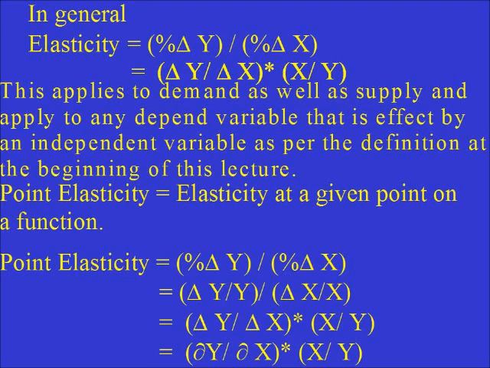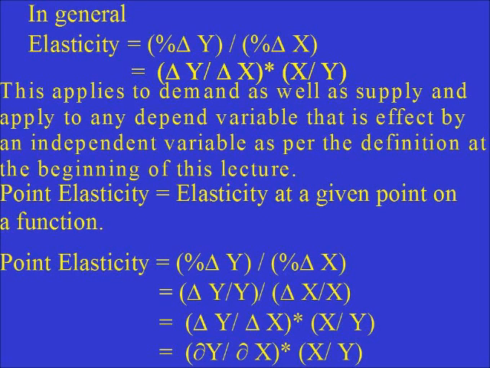The type of elasticity that we're going to work with the most in this class is called point elasticity. And point elasticity is simply the elasticity at a given point on a function. So this type of elasticity is simply what we've been working with: the percentage change in y with the percentage change in x, which I can rewrite as we see there.